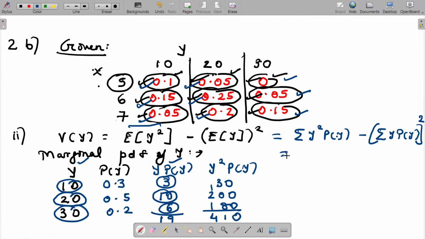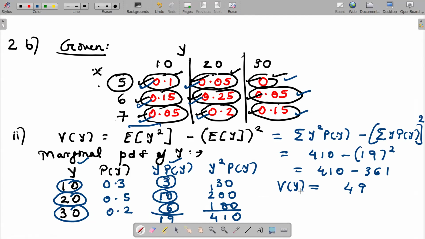That means my variance of y will be 410 minus 19 square. Summation ypy was 19. So 19 square is 361. How much is 410 minus 361? 49. That means my answer for variance of y is 49.